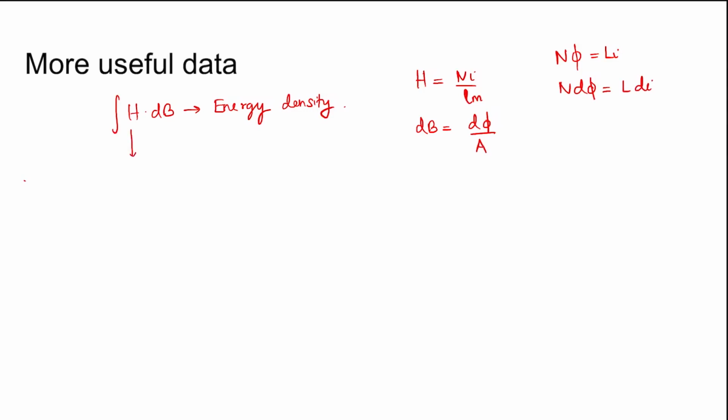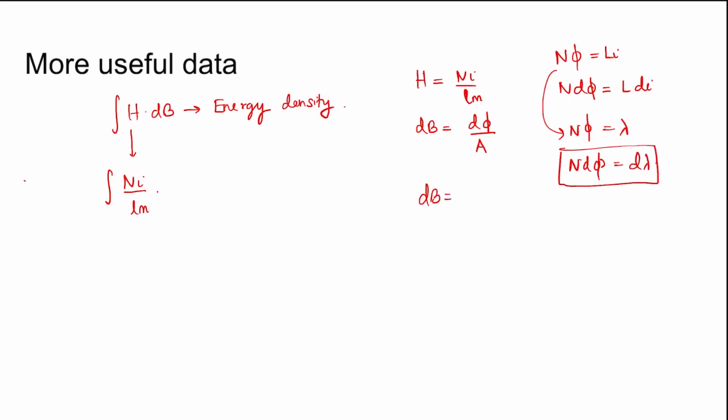Now plugging that in for H, Ni by Lm. Now N phi is also the linkage lambda, N d phi is d lambda. So dB can also be written as 1 by N d lambda by A, that is, d lambda by N A.